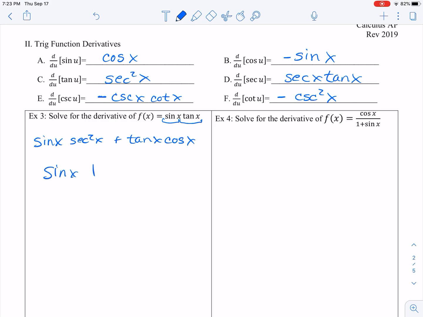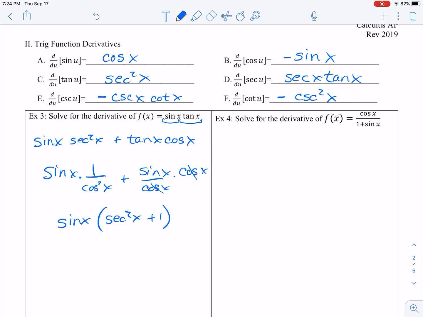The sine of x times 1 over the cosine squared of x, plus sine x over cosine x times cosine x. These disappear. And you can factor out a sine x, and you get, I'm going to put this back to secant squared x plus 1.